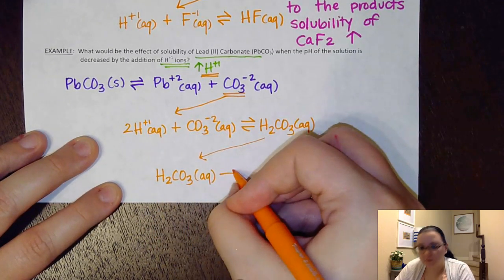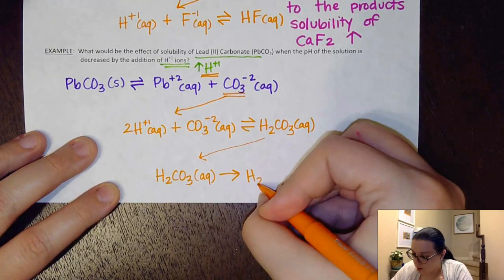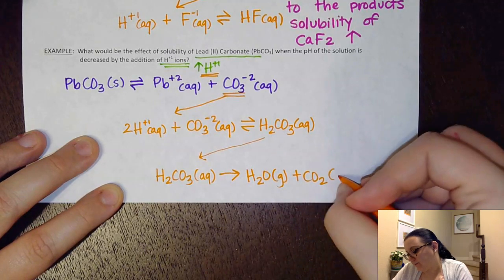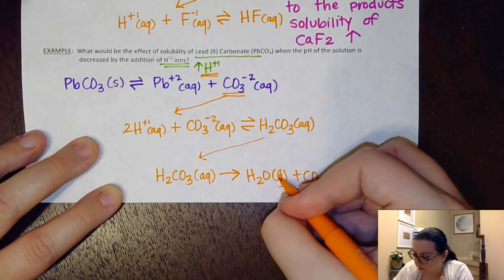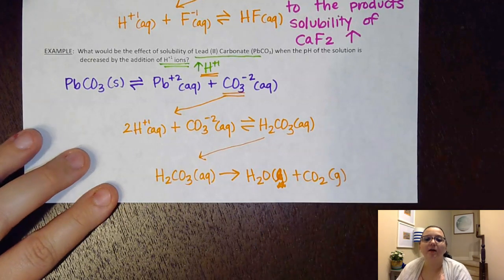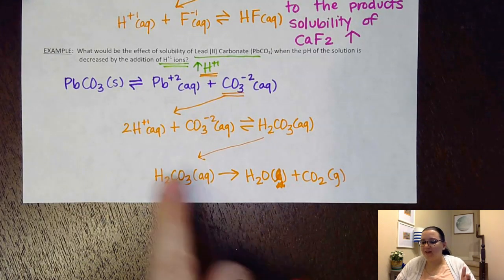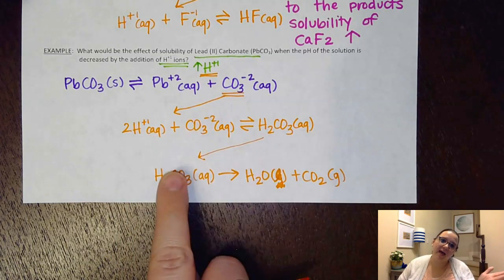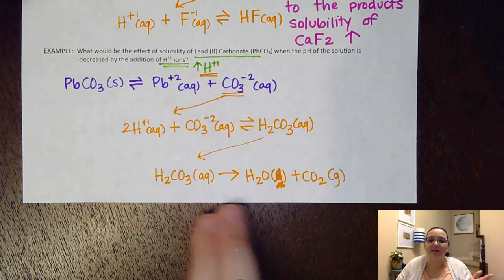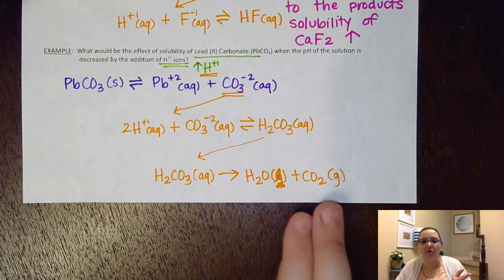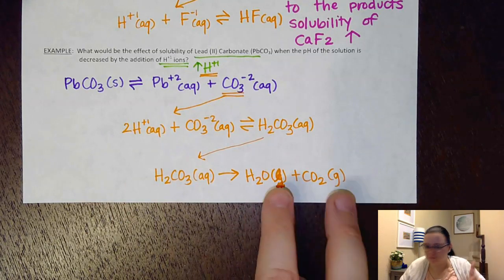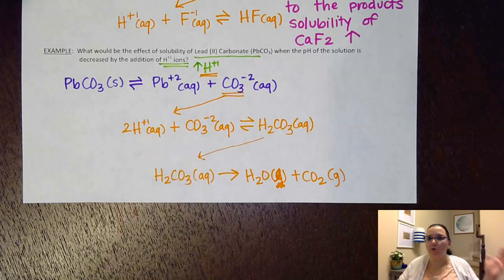Carbonic acid will decompose into water and carbon dioxide. Oop, I put gas there, I should have put liquid there. Sorry, that's a liquid. Okay, so what's happening is that not only am I driving this toward the weak acid, but then when the weak acid decomposes, it's constantly pulling that equilibrium further and further along to these substances that are being released and can't go back to the original substances. So we are very much driving this toward the product.